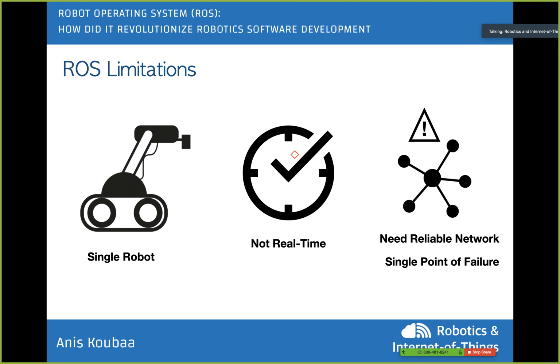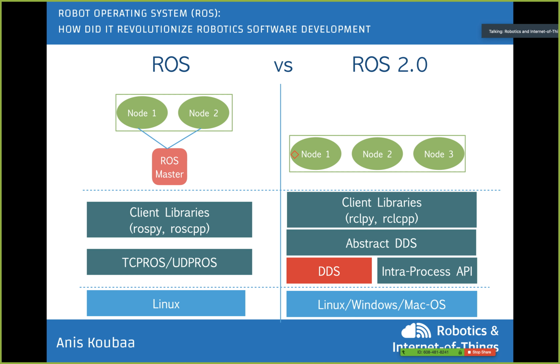So that's why the ROS community, I think maybe in 2013, 2014, started to think about an alternative to the current ROS operating system, and they started to design ROS 2, okay? And the idea of ROS 2 here is, first of all, to get rid of the ROS master and replace it with a more standard way of communication between processes.